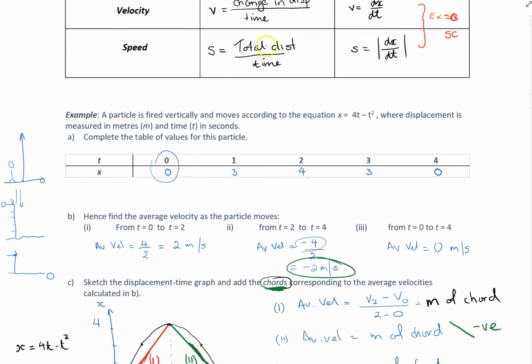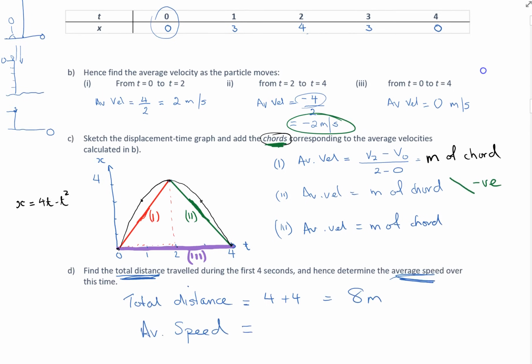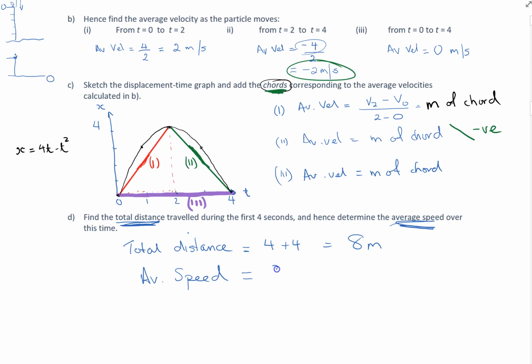Average speed is the total distance divided by the time. So it's 8 divided by 4 seconds, which is 2 metres per second, is its average speed. Average velocity 0, average speed 2.